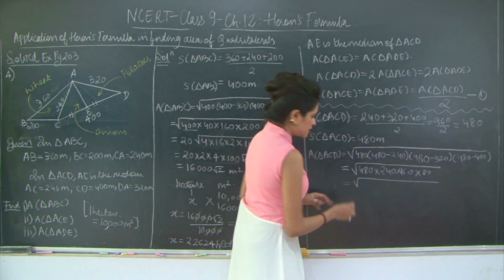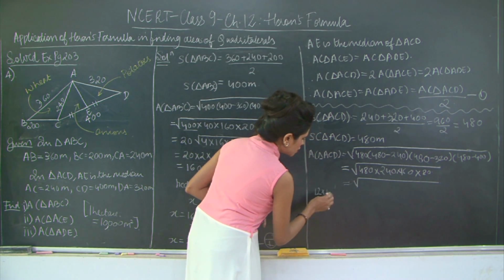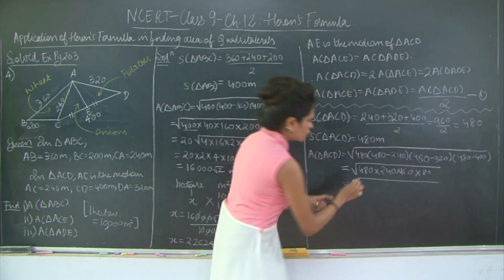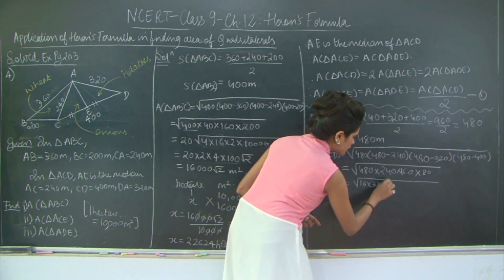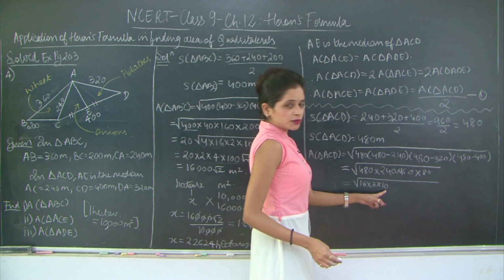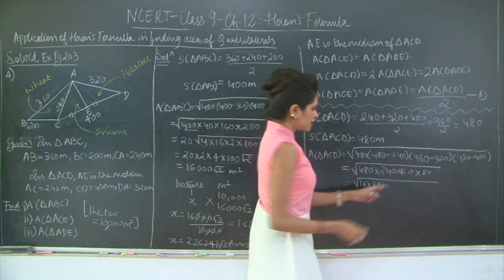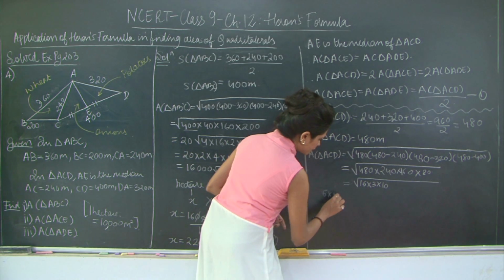So 48 can be written as 12 into 4s are 48. So 16 3s are 48, right? So 16 into 3 into 10 gives me 480, because 16 3s are 48. 48 into 10 gives me 480. Then 24 can be written as 6 4s are 24.